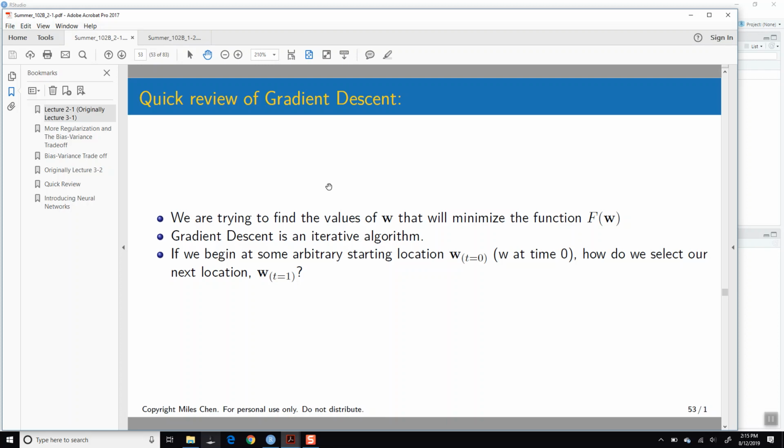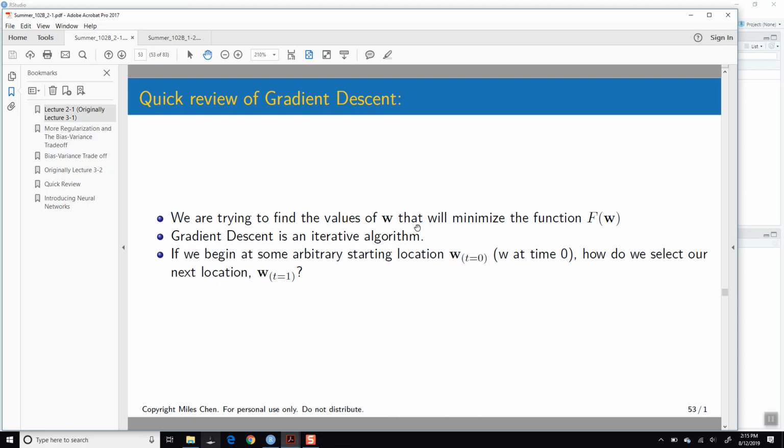Now, you run into problems if the surface is really wobbly and there's a bunch of minimums. The instructions only go downhill, so it will most likely get you to just a local minimum and not necessarily the global minimum. But we won't worry too much about that, okay?